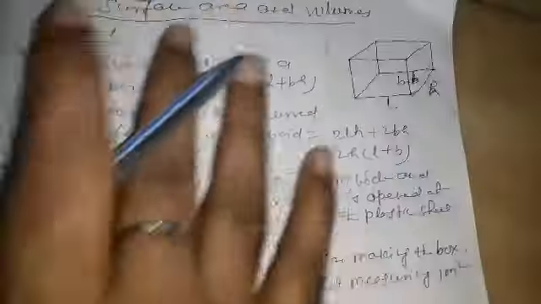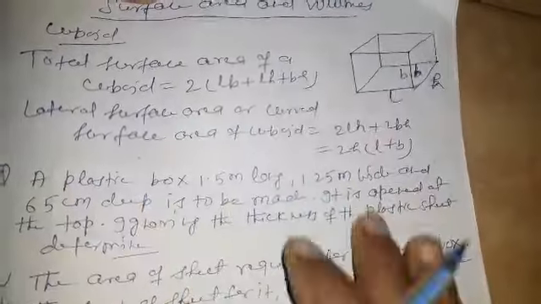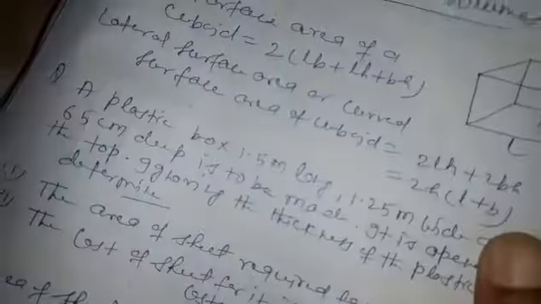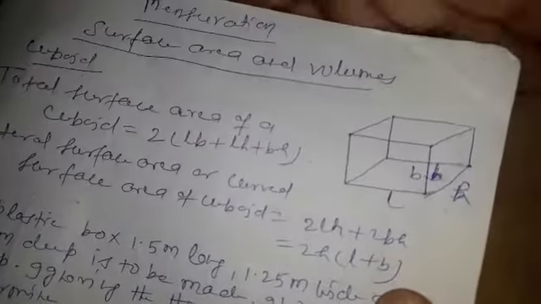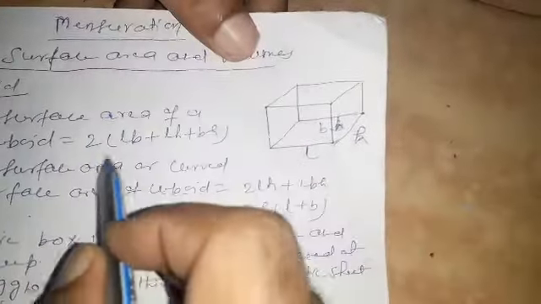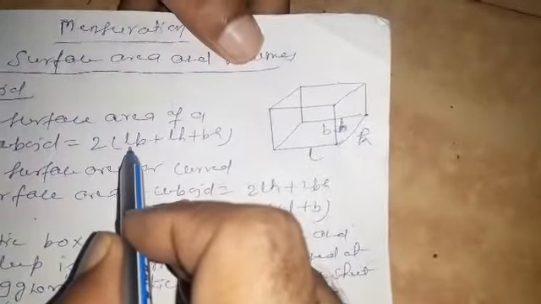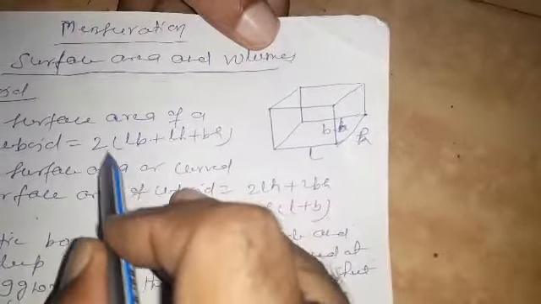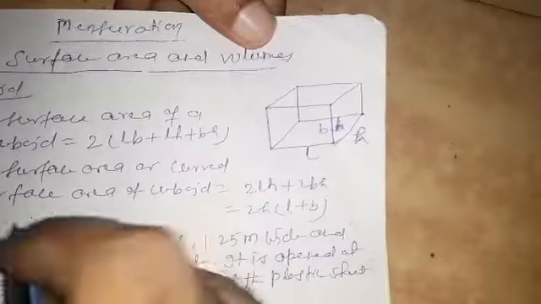Area of this surface is L into B, and the opposite surface is also L into B. Area of this surface is L into H, L into H, area of this surface B into H and B into H. So total surface area of cuboid is equal to 2LB plus 2LH plus 2BH, taking 2 as a common, 2 times (LB plus LH plus BH).